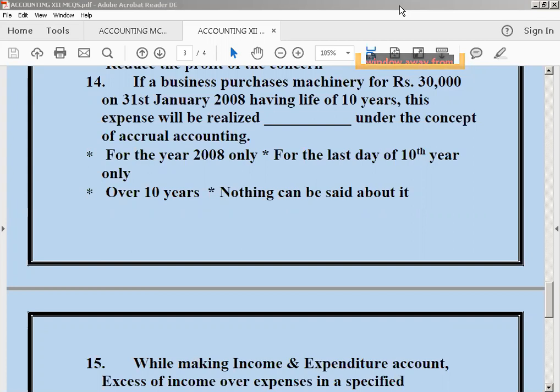If a business purchased machinery for 30,000 on 31st December 2008, having a life of 10 years, this expense will be realized as dash. Now you have to find out the correct answer.